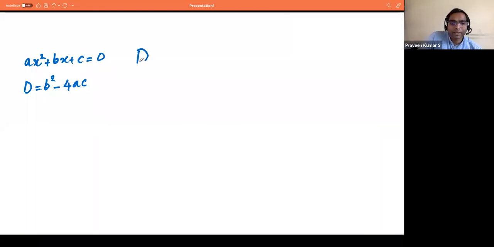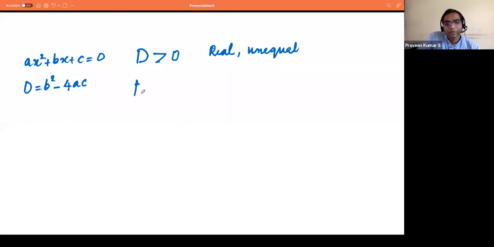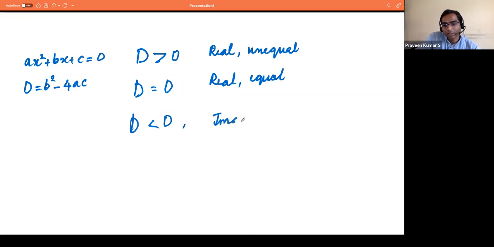If D is greater than 0, then you have real unequal roots. If D is equal to 0, then you have real equal roots. If D is less than 0, then you have imaginary roots.